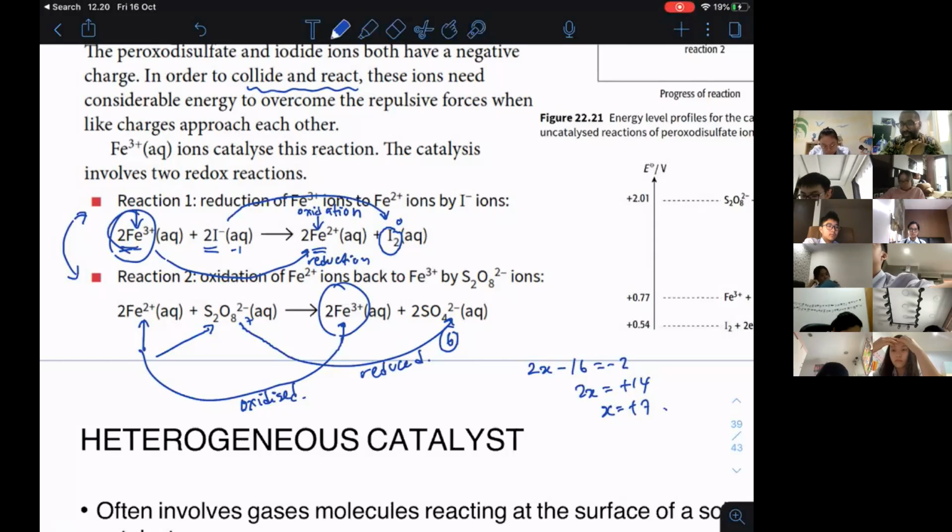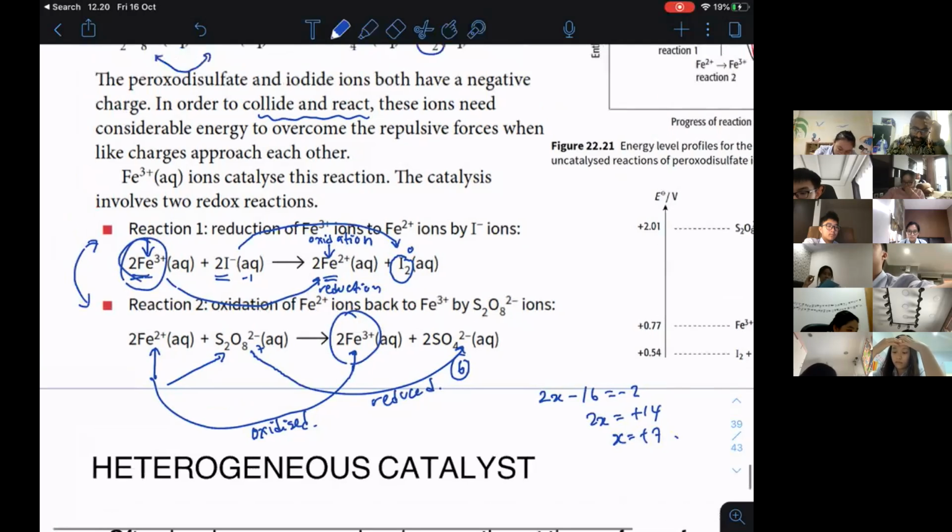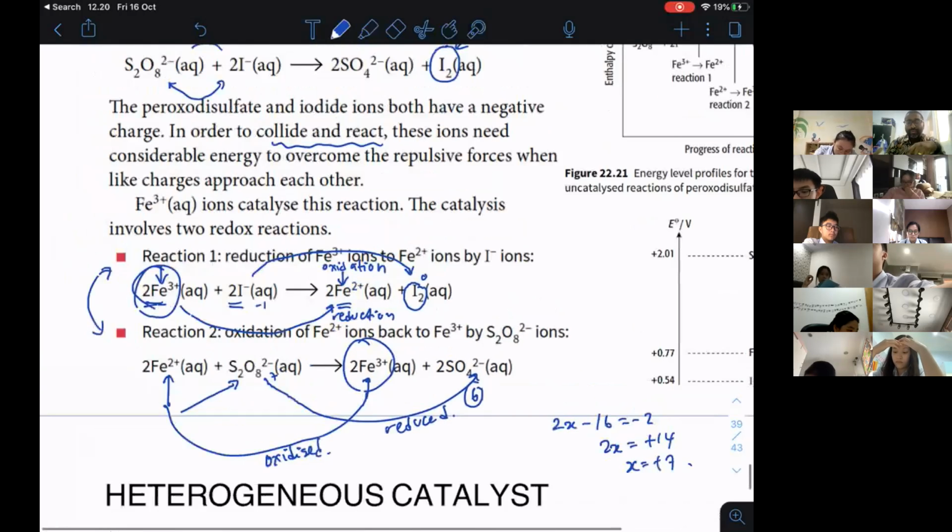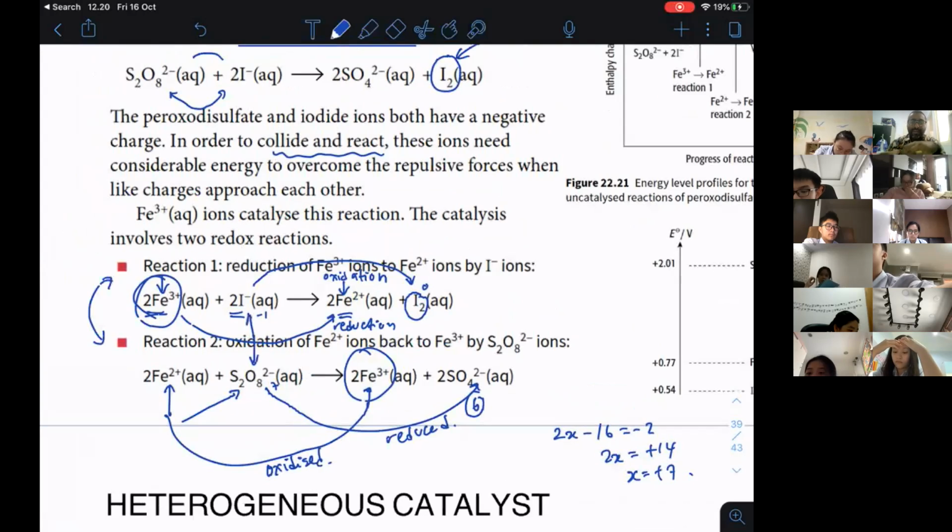That is going to be your catalyst, and the ability of that catalyst to change its oxidation number makes it useful for this reaction, because it is involved in both reactions. The Fe2+ that is produced will react with the S2O8 2-. So this will prevent the I minus and S2O8 2- from reacting with each other.